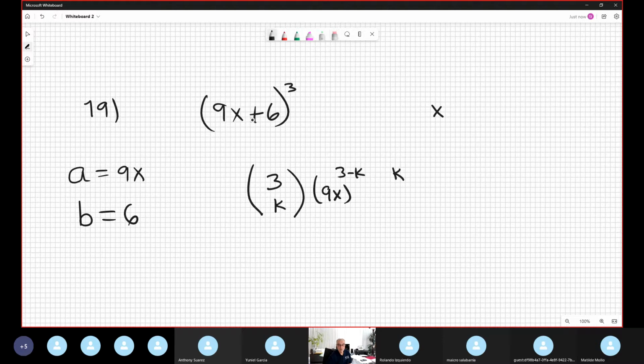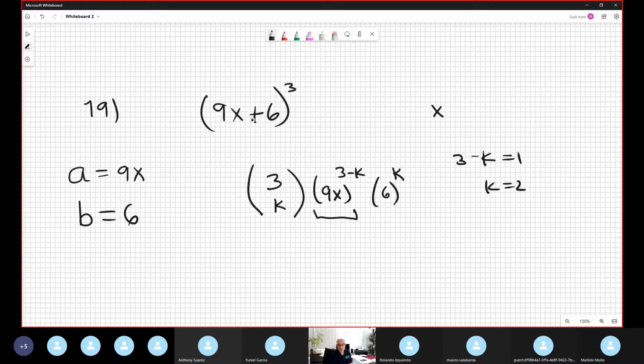It's obvious that the only part that contains x is that part, and the exponent of x is 1. So it's similar to saying that 3 minus k equals 1. It's obvious that k is 2.